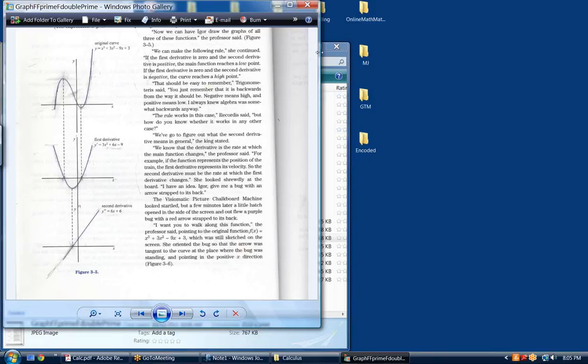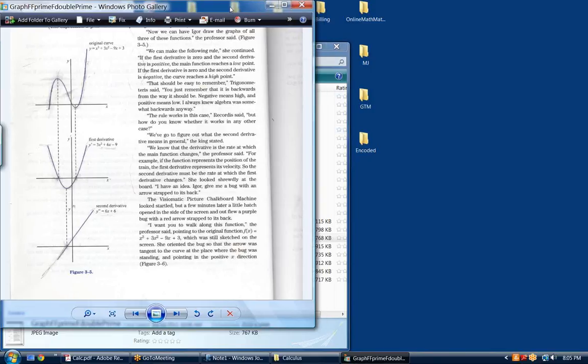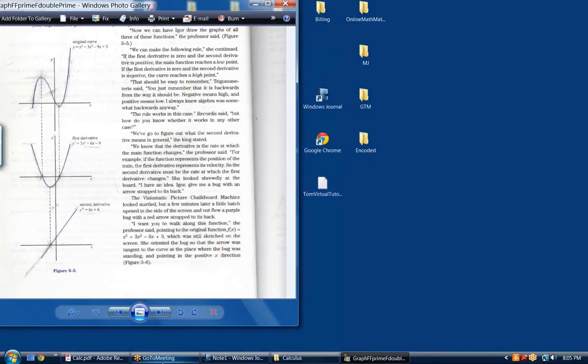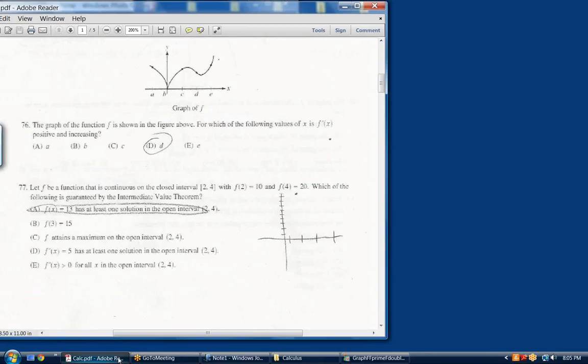So let's look at these problems. Let me keep this available. This is the function, and f prime is the plot of all of these slopes. In other words, I can figure out what the slope is at point C. It's positive, but it's not increasing. At point D, the slope is negative.